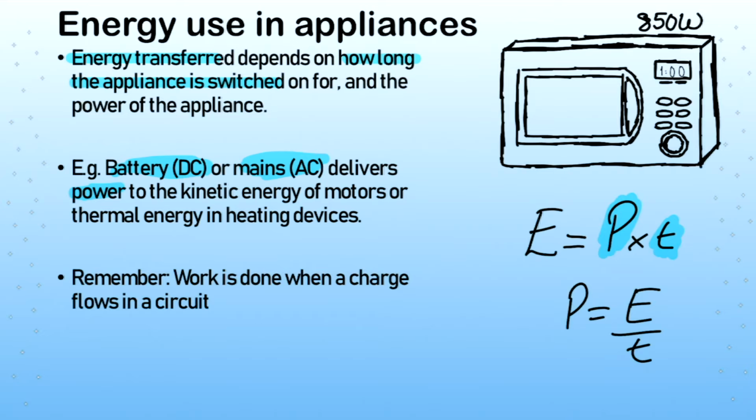So the battery and the mains alternating current, they're both taking electrons along to the component or the appliance where energy is then being transferred and used. And just a little note to remember that when a charge is flowing in a circuit, work is being done. So we're having work done, energy transferred in effect.